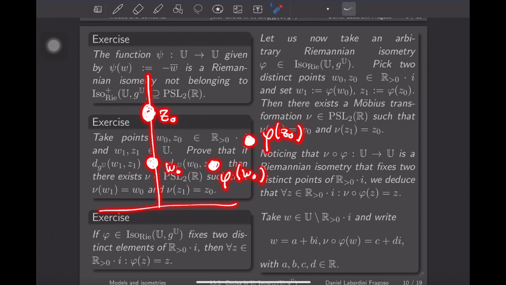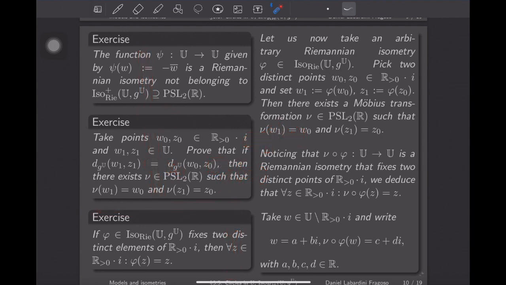But you see at least what the idea is: by sending these points back, I will automatically know, because of this exercise, that the composition fixes all of the positive part of the imaginary axis.